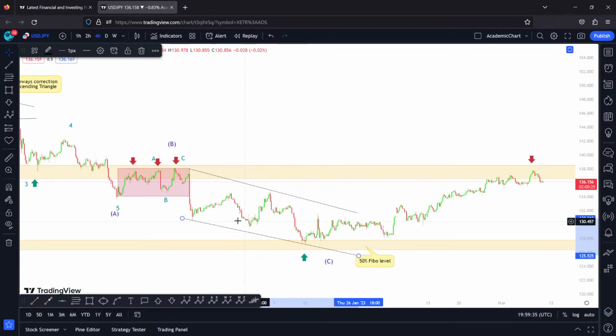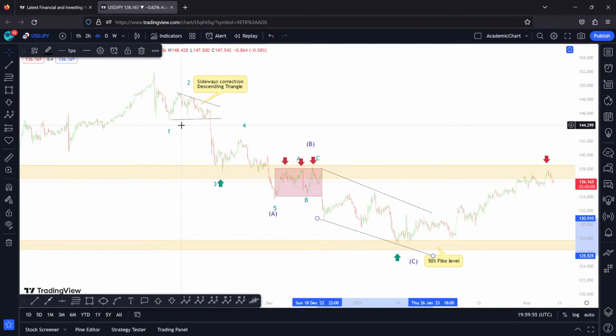But as you can see, the correction of the fourth wave is interfering with the first wave and it is going to return back to the territory of the first wave. And this is not something that usually happens when we are counting waves. For example, here, if we say this 1, 2, 3, 4, you can see 4 has not entered the territory of the first wave.